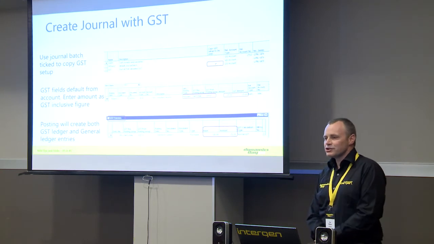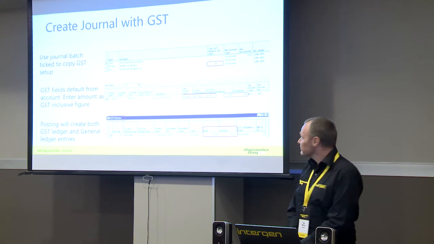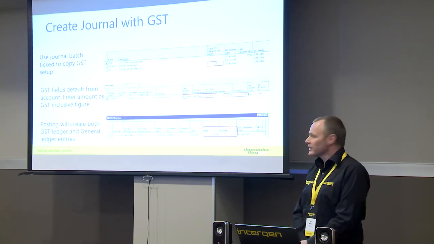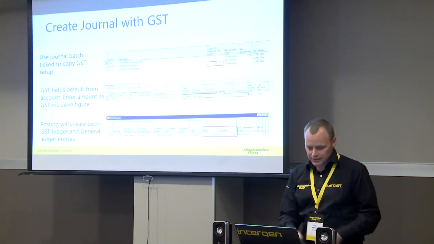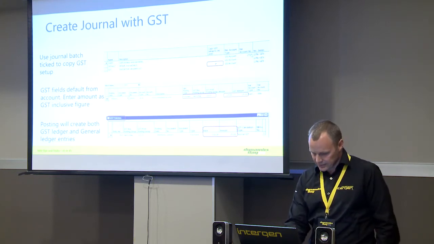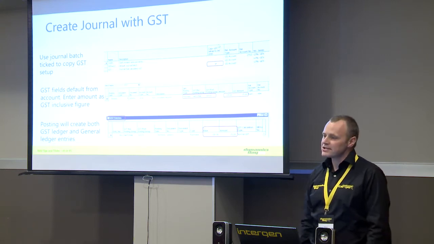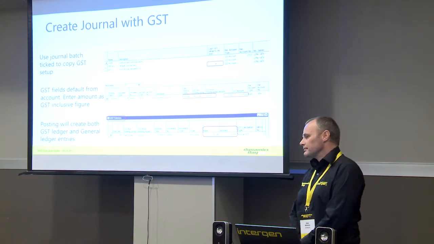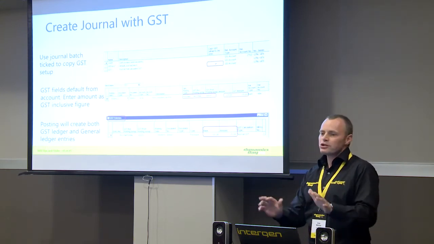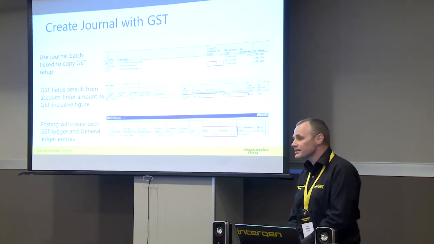Creating a journal that calculates GST. When you go into a journal and you select a batch, you will notice, if I can find this column here on the batch setup, copy GST setup to journal lines. So if you've got your normal journals and you don't want anything to do with GST, make sure that is not ticked.